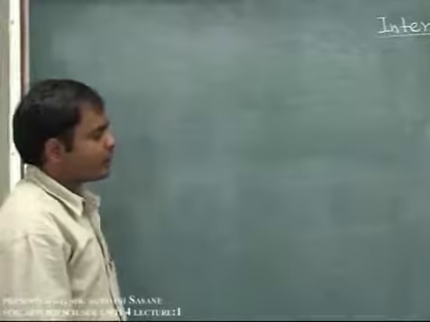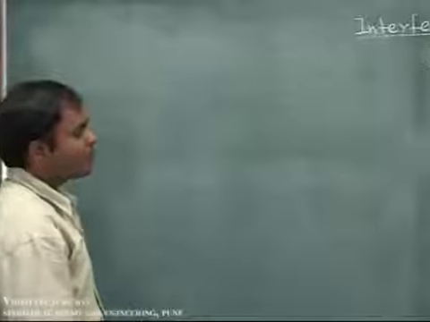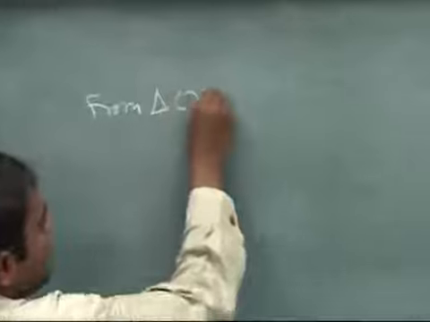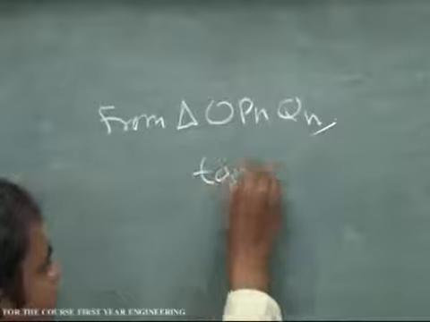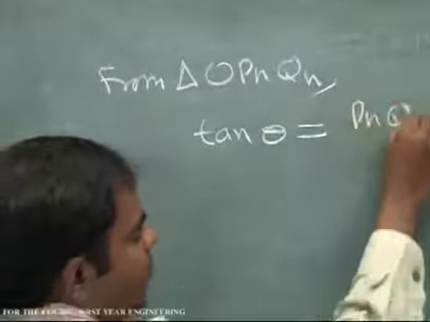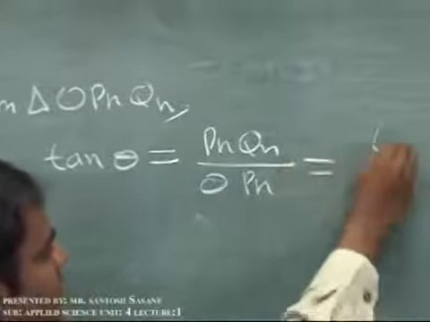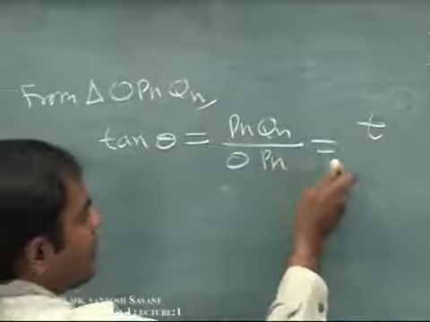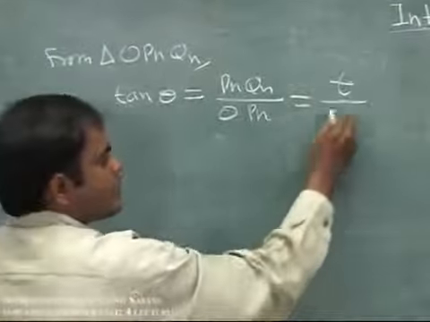From the figure we can write, from the triangle OPnQn, tan θ is equal to PnQn divided by OPn. PnQn is the thickness of the film t, and OPn is nothing but the distance of the fringe from the origin, that is xn.